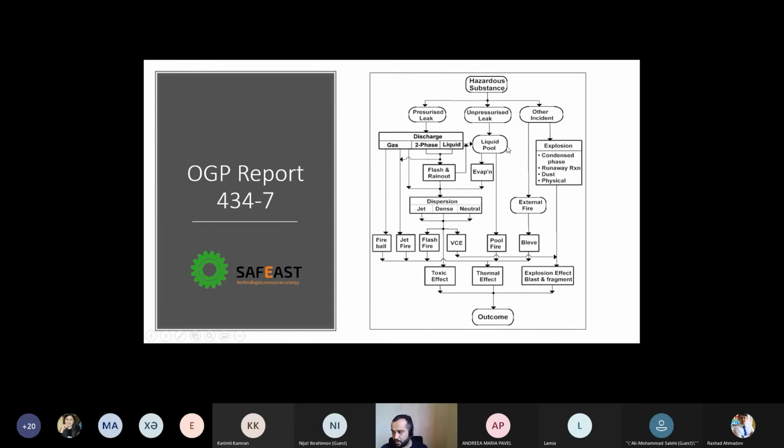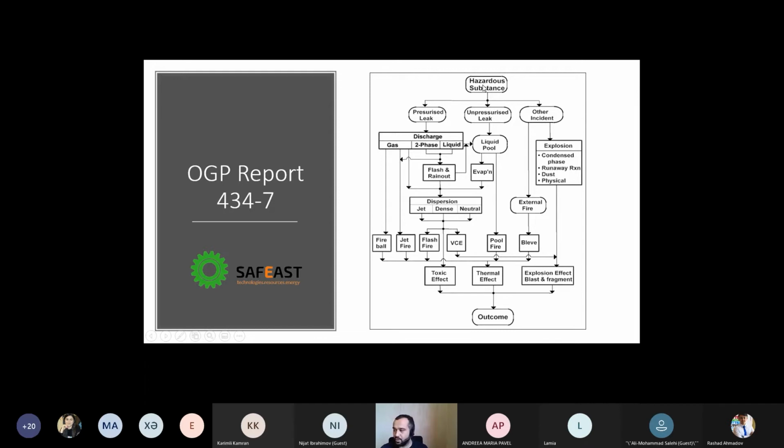And obviously from a liquid pool, if it ignites, you can have a pool fire. So basically, you can see that in the OGP flow sheet, there are, from hazardous substance, depending on the leak and the condition.